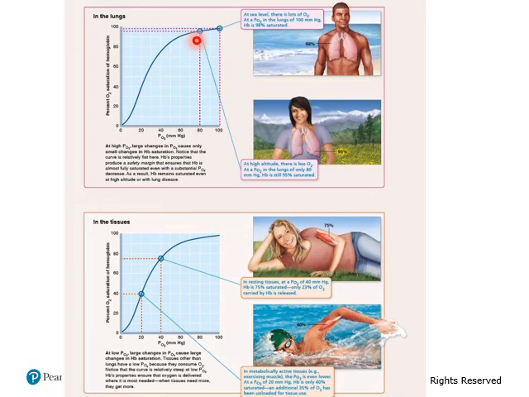The hemoglobin properties produce a safety margin that ensures that the hemoglobin is almost fully saturated even with a substantial decrease in the pressure of oxygen. As a result, the hemoglobin remains saturated even in high altitude or with lung disease.